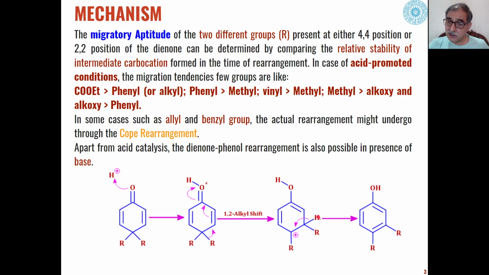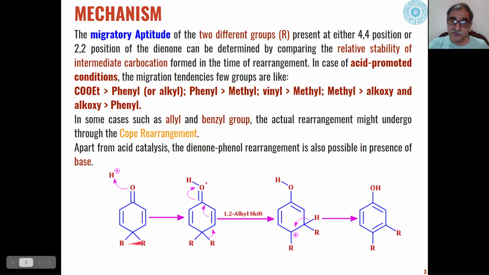Then removal of proton from here will again aromatize this ring, and dienones will be converted into phenols by this mechanism. Now when both these groups are the same, then we are going to get only one product.